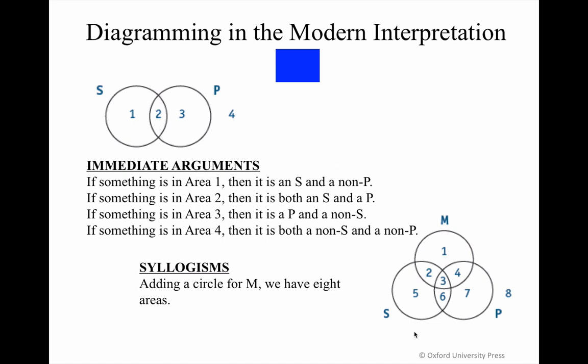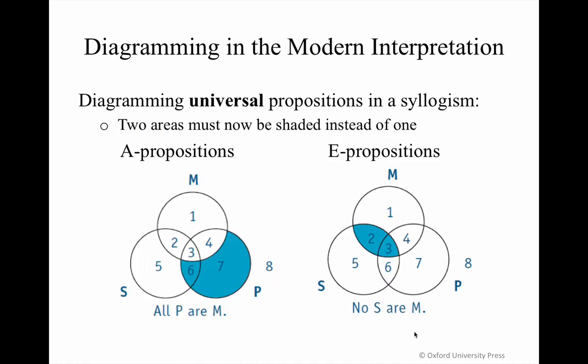So let's now move on to the process of diagramming. First, when you are diagramming a categorical syllogism, you will always only diagram the premises.